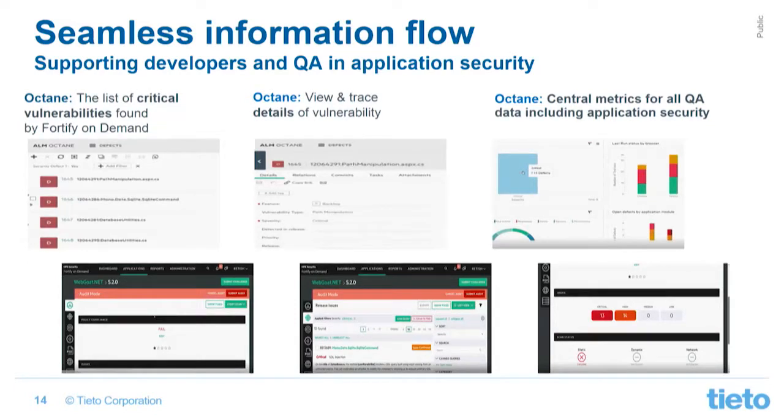On purpose, they are small pictures because they are real. The idea behind this, like in Julian's presentation also, is that it doesn't mean that you have to collect the information in different places, but integrate it and get the visibility of the information.